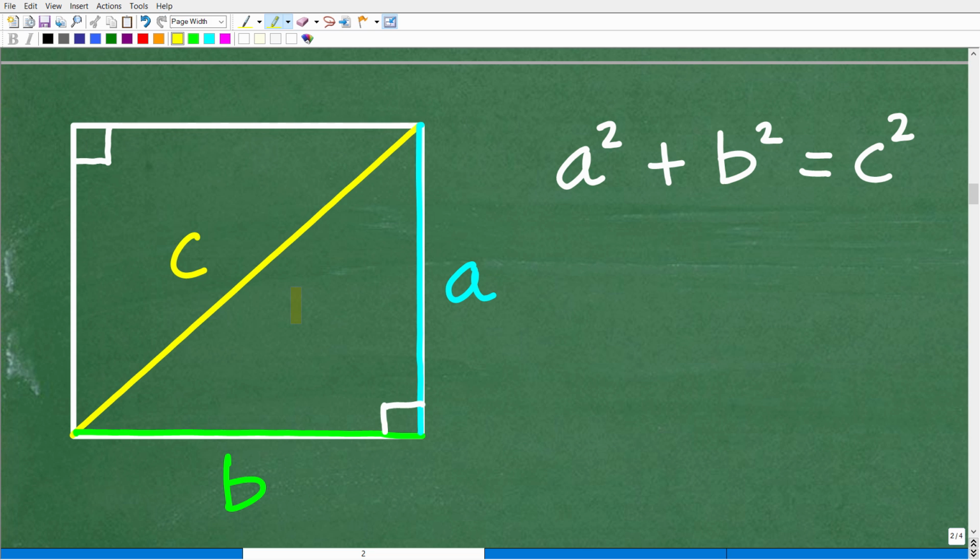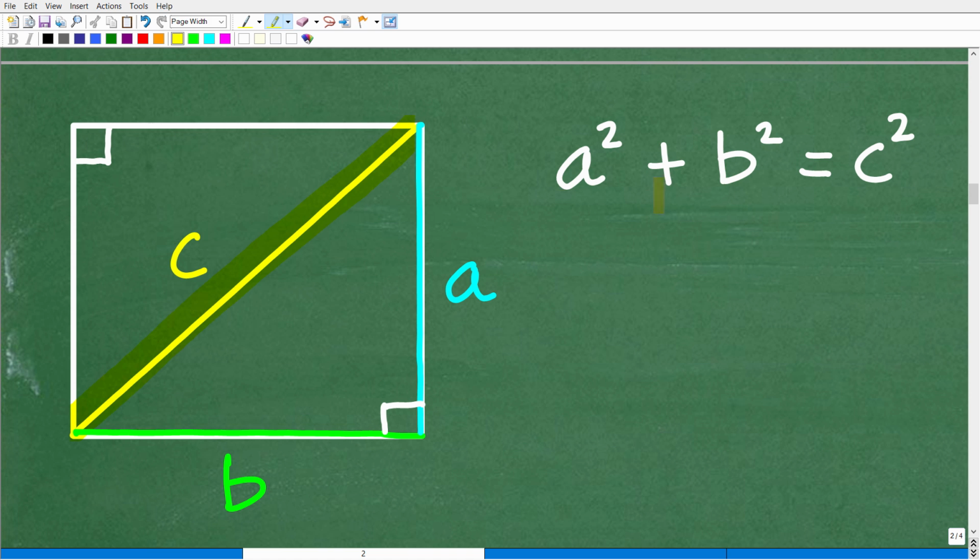So let's quickly look at the sides here. The first thing you want to understand about a right triangle is that the longest side is called the hypotenuse. It's pretty obvious: it's opposite the 90 degrees. You'll see, I have a right triangle, and the longest side is called the hypotenuse.